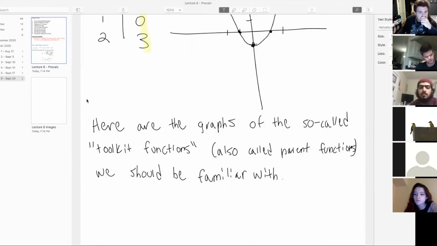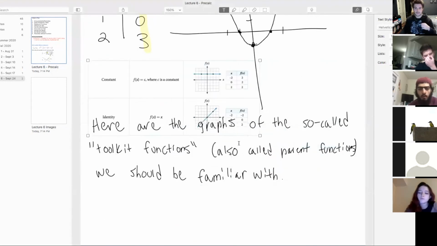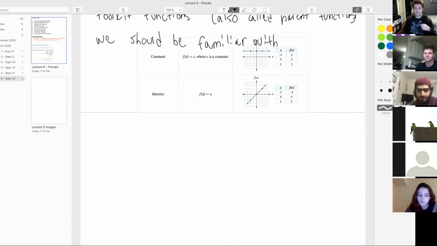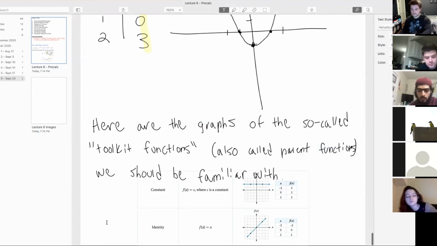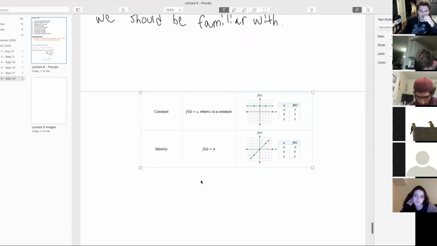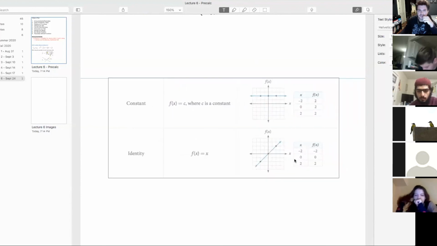Lecture 6, toolkit functions. Okay, here's one, and I just need to grab one more image. Sorry for the delay.